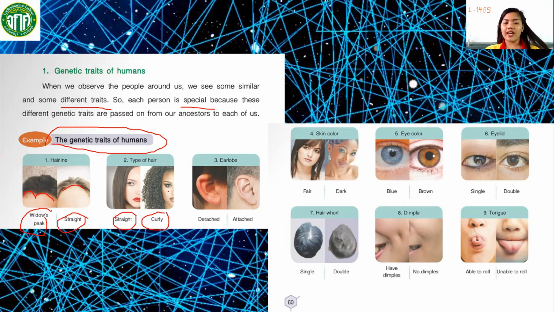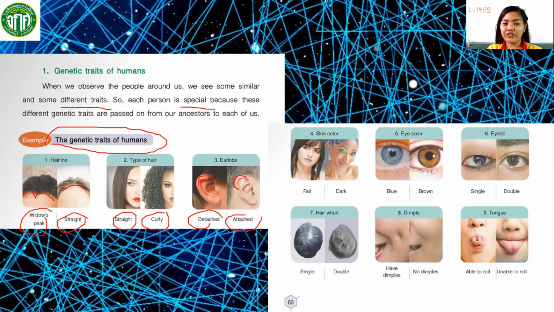All right. Next is we have earlobe. How is your earlobe? Is it detached or attached? The detached earlobe looks like this, and then the attached earlobe looks like this. For me, I have this attached earlobe.